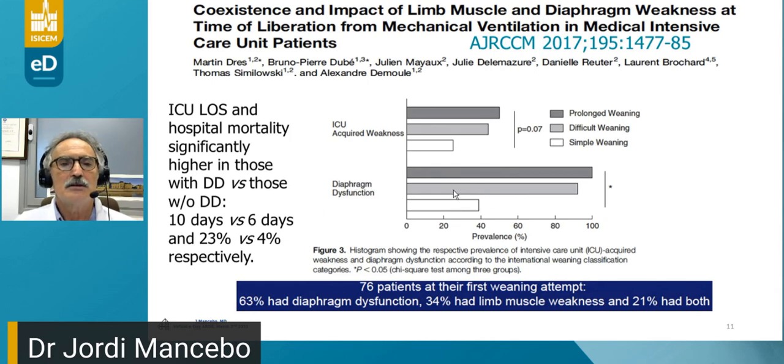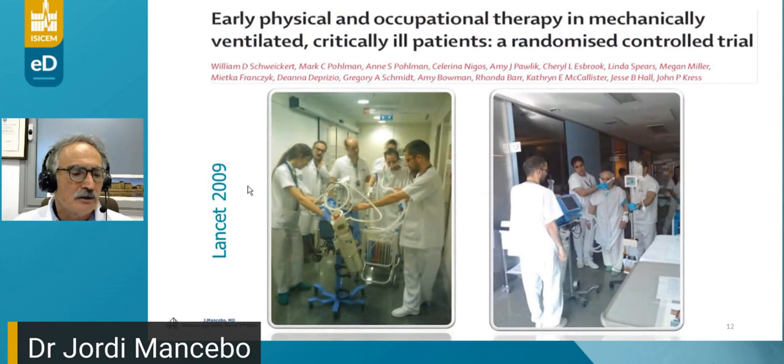In this study, conducted in patients studied after the first weaning attempt, the authors observed that patients with prolonged and difficult weaning had a substantial prevalence of diaphragmatic dysfunction, and also that those patients with diaphragmatic dysfunction had a longer ICU length of stay and significantly higher hospital mortality in comparison with those without dysfunction of the diaphragm.